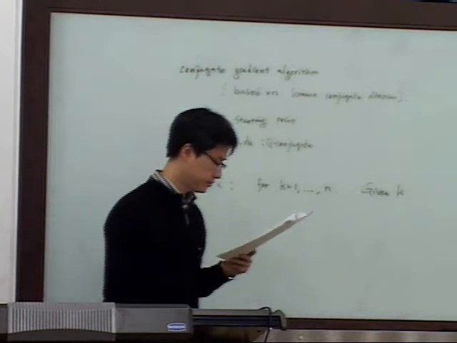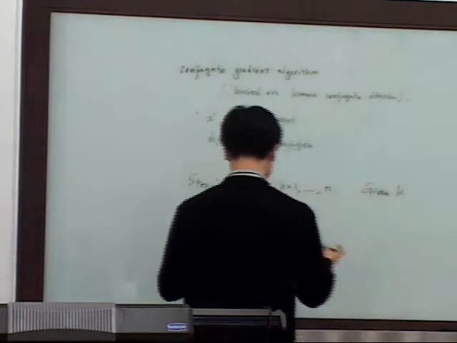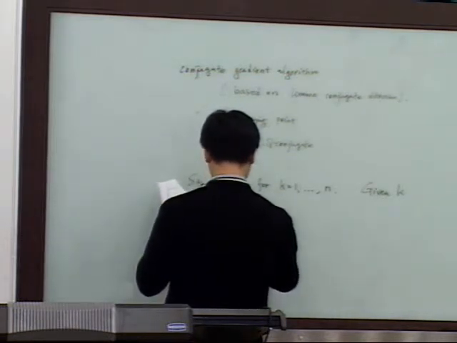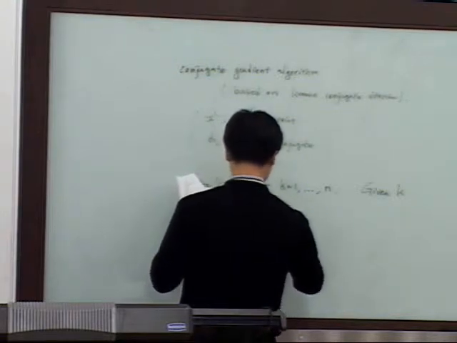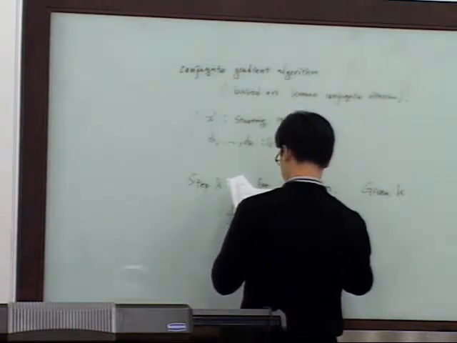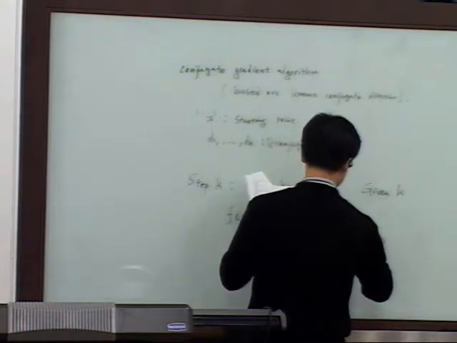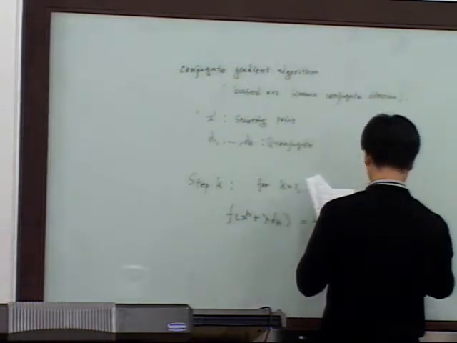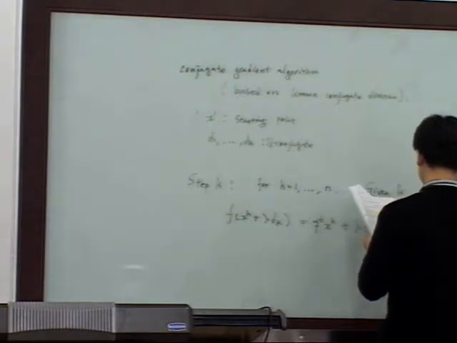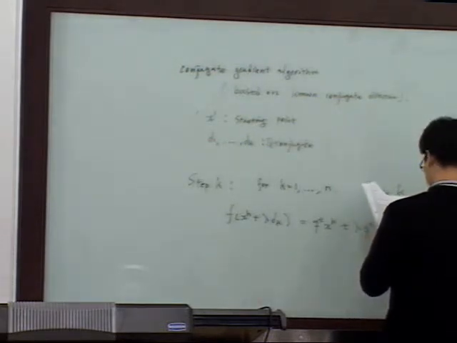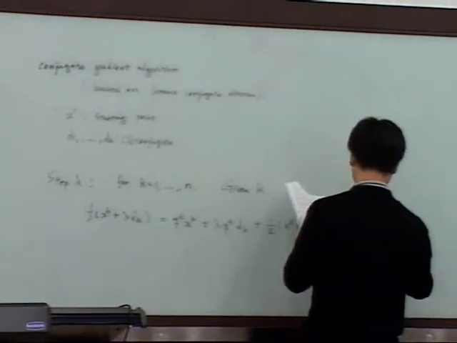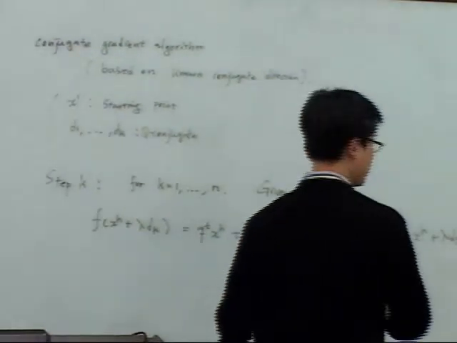Step k. Given k, we compute the minimum of the following function, for the corrected function.